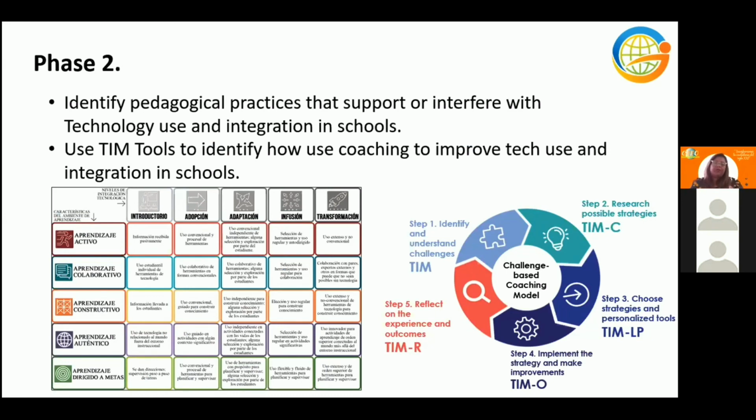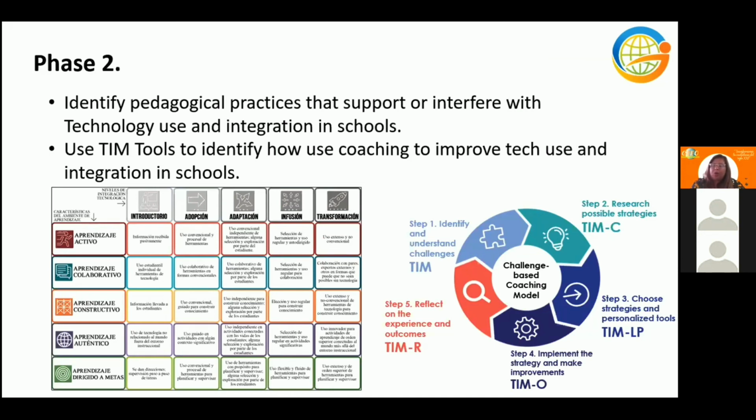Now we're going into the Technology Integration Matrix, because we want to see what active learning at an introductory level looks like in a particular school. You know, what does a teacher do, and that way teachers begin to reflect on what it means to have a significant use of teaching and learning with technology.